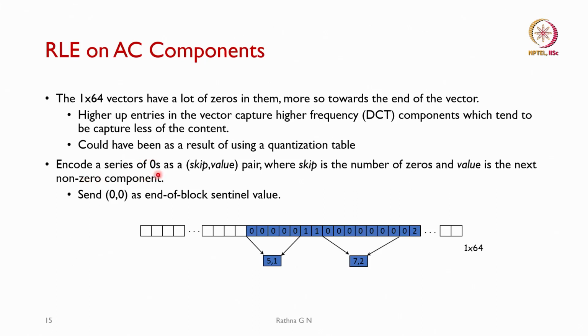We encode a series of zeros as a skip, value pair, where skip is the number of zeros and value is the next non-zero component. We send 0, 0 as end of block, a sentinel value. If there are many repeating zeros, you put the skip and then the value in this way.